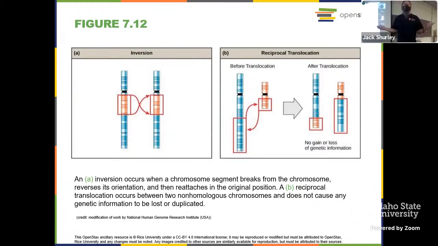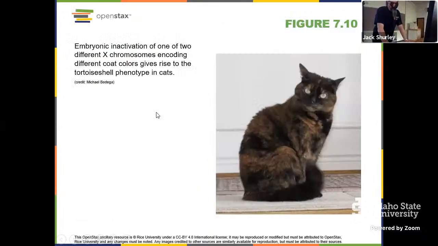There are others that aren't reciprocal, where a chunk breaks off and gets added to something else, but we don't see it as reciprocal, where, you know, stuff can be lost, right? And that sets the stage definitely for some big problems, right? As we either inversions, translocations, shuttling those. And, sorry, wrong way.